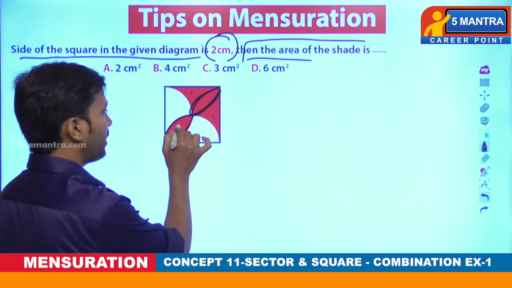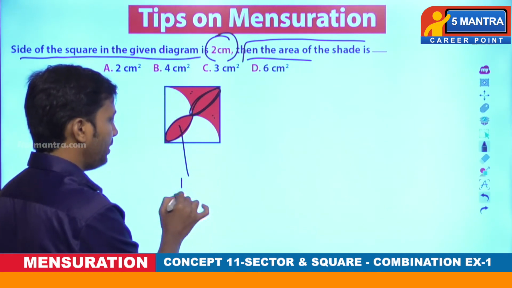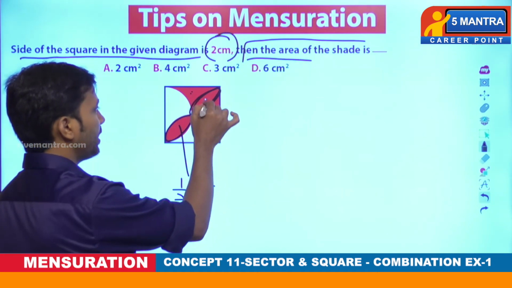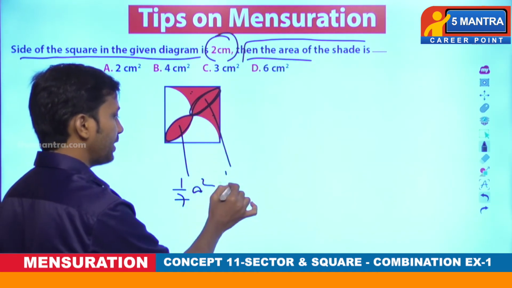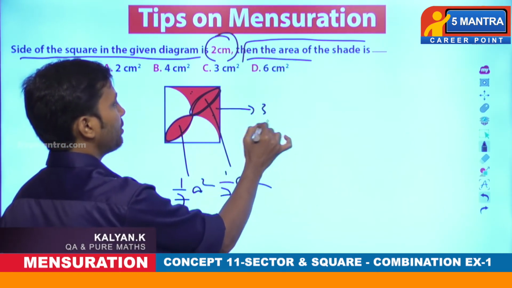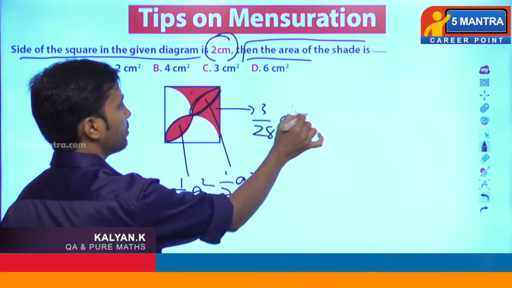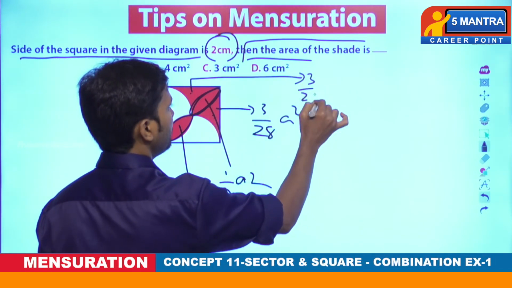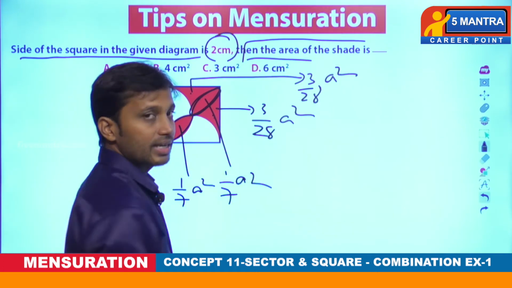So for this area 1 by 7 a square, and for this area one more 1 by 7 a square. For this gap 3 by 28 a square, and for this gap again 3 by 28 a square. Clear?